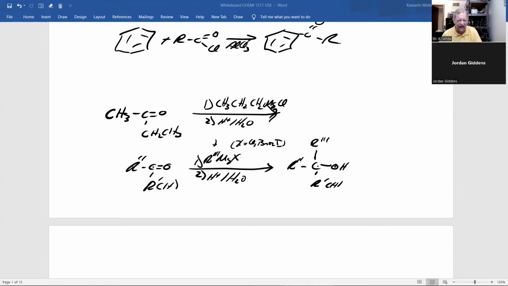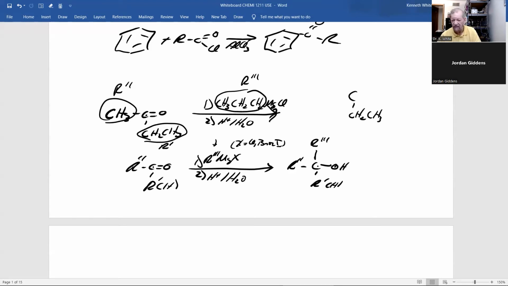All right, what do we have? We have a ketone. R prime is ethyl. R double prime is methyl. Ooh, carbon, magnesium halide, a Grignard. And what's our R triple prime? That. So keep your eye on the carbonyl carbon. What's attached to it? R prime, 2 carbons, ethyl, and a methyl.